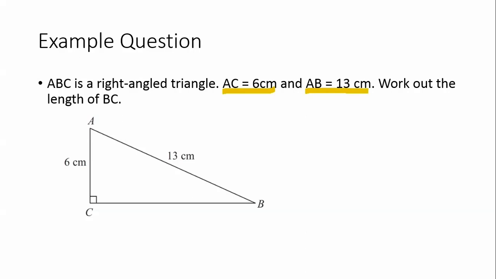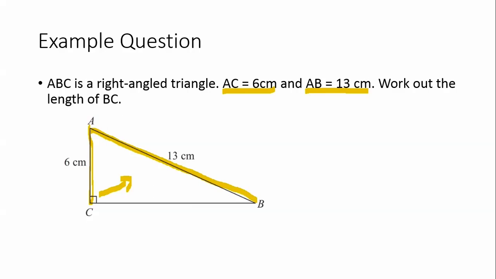That means AC, as you can see over here, this part is the leg A, and AB is known as the hypotenuse since it's the longest side, and also it's opposite to the right angle square, as you can see over here.